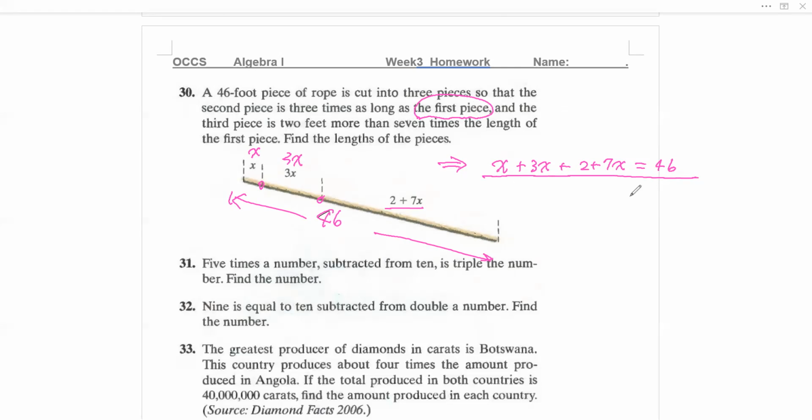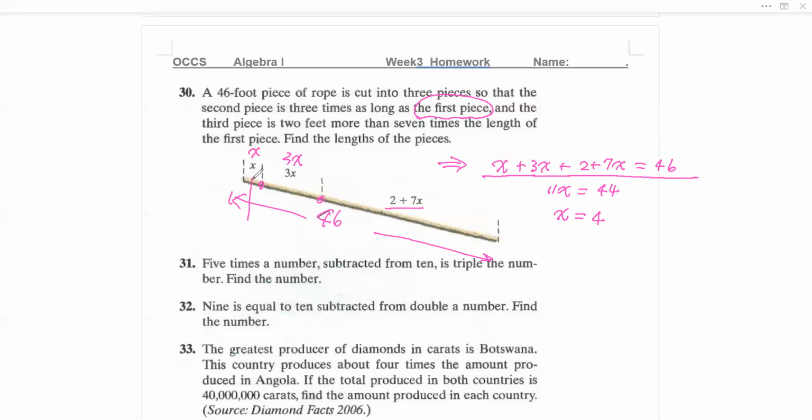The next is easy for you guys, right? Firstly, we just combine the like terms. This is 11x, right? It's 1x, 3x, 7x, total 11x plus 2. We move 2 over, so we got 44, right? Both sides minus 2, then both sides divide by 11, so x is 4, right?